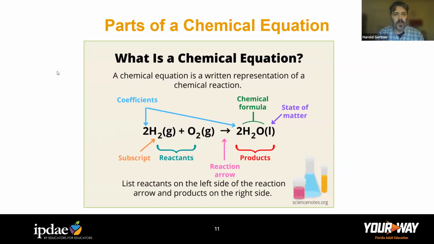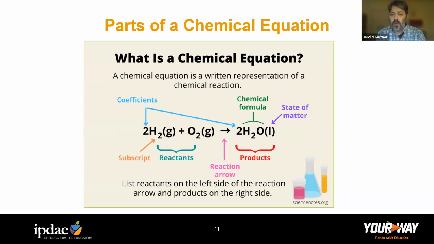But we can get a little deeper into all the parts here, right? So here's a nice representation, a little infographic breaking down the pieces of a chemical equation for us. We can talk through what's going on here and have the students help us identify the pieces.